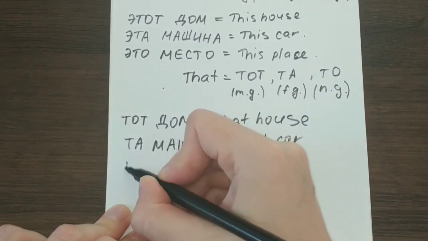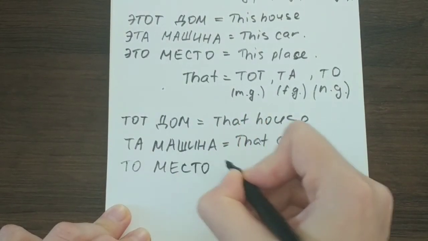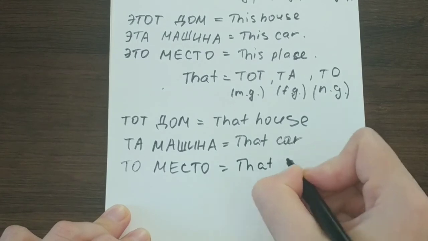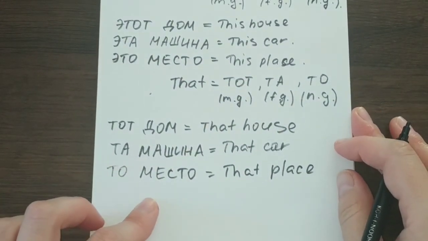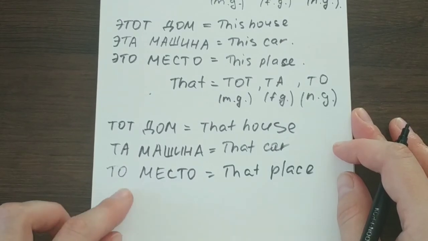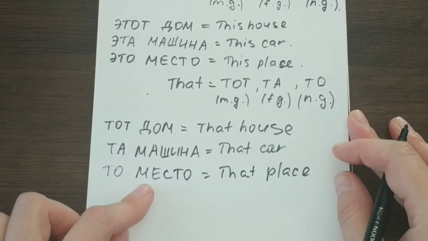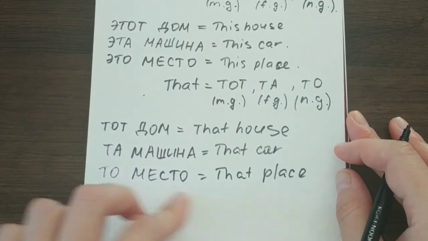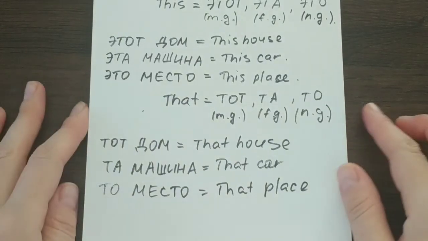And the third example is то место, that place. Место is of neuter gender, so the pronoun used with it is neuter as well, and it is translated as "that place", like the place you already talked about, or the place that is distant or far away from you.